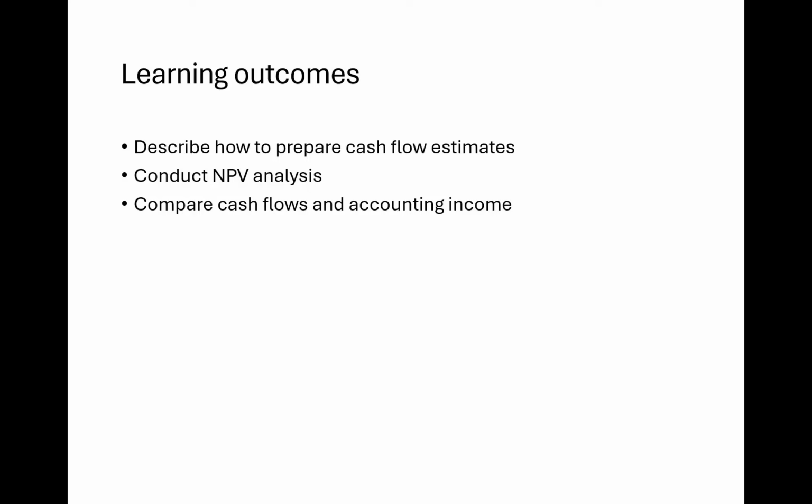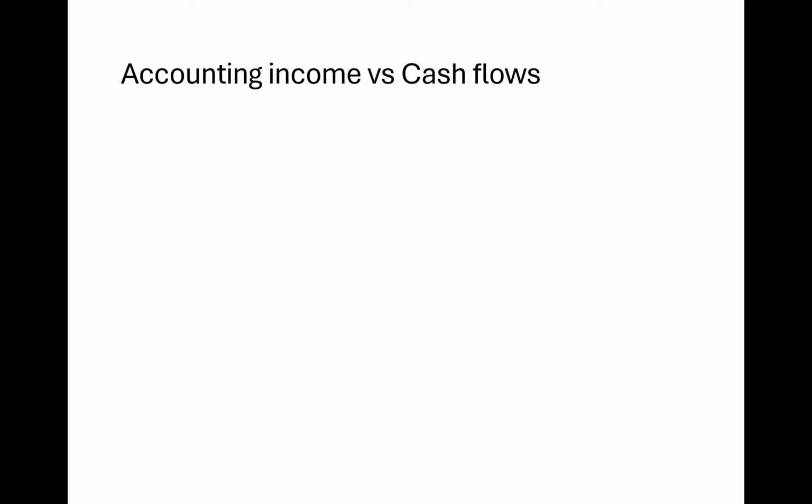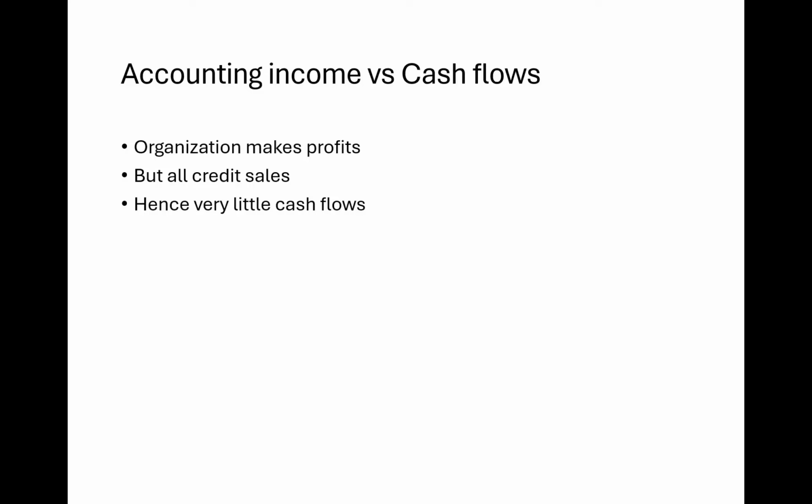And finally, compare and contrast cash flows from a financial perspective and also from an accounting income perspective. So let's compare and contrast accounting income versus cash flows here. An organization makes profits, and if these profits are all credit sales, then there are very little cash flows because cash is not generated from those sales.